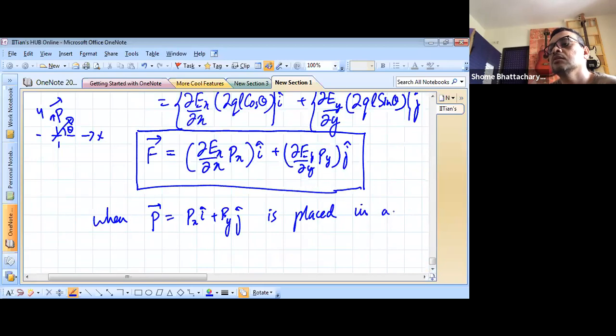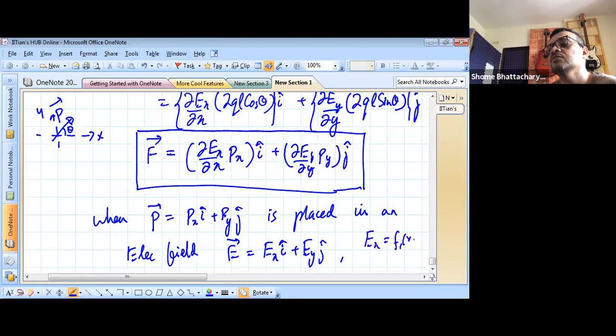is placed in an electric field E, which is Ex I cap plus Ey j cap, okay, where Ex and Ey are some sort of functions of x and y. There's some other function f2 of x and y.